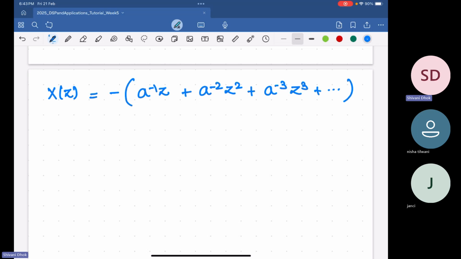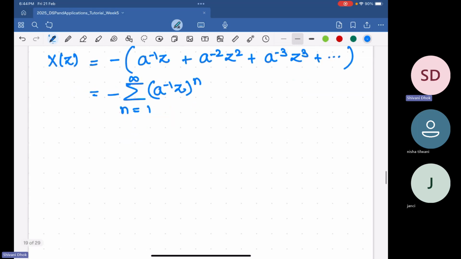So this we can write as minus of summation n running from 1 to infinity A inverse Z to the power n. So this is A inverse Z to the power 1 plus A inverse Z to the power 2 and so on.